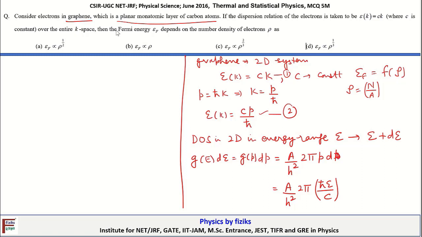Because P is equal to h cut E by C, this implies dP is equal to h cut by C dE. So I will replace dP here with h cut by C dE, where A is the area.